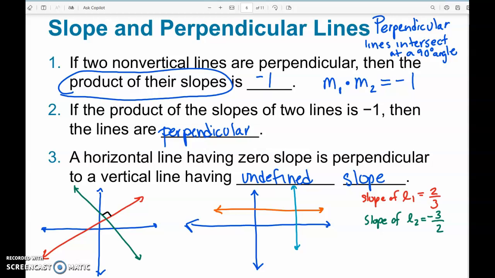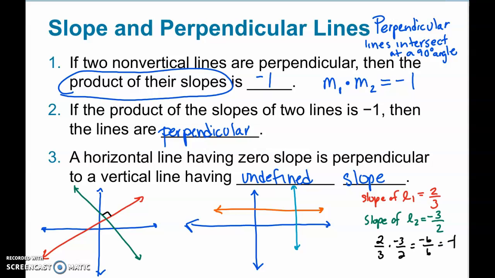So if you have 2/3 and -3/2, when you multiply those together, you will end up with -1.